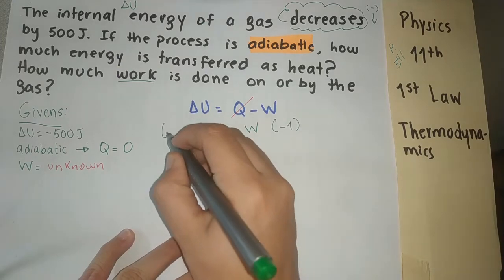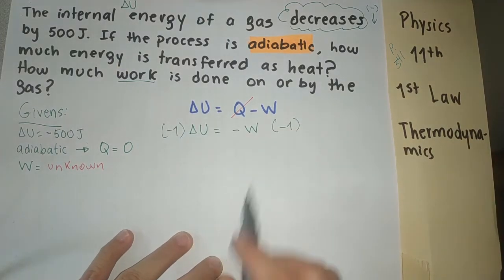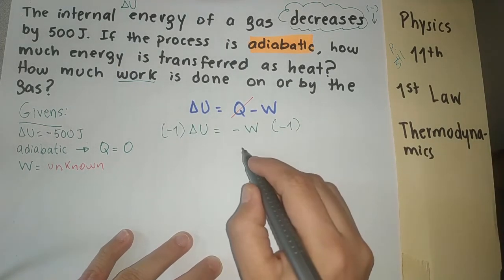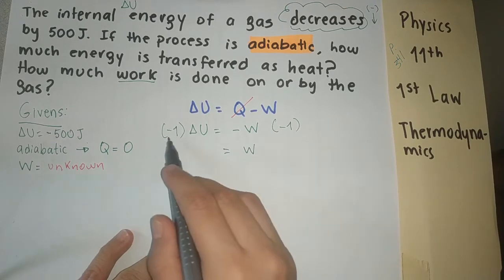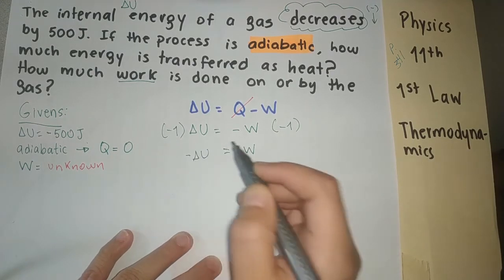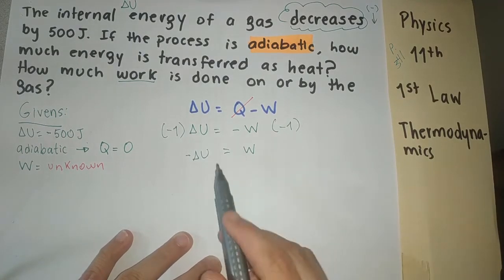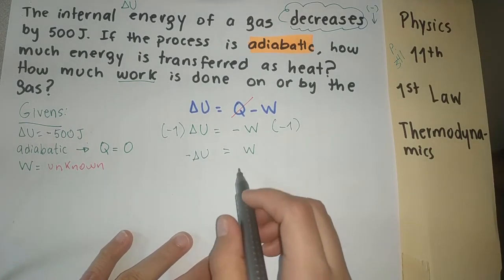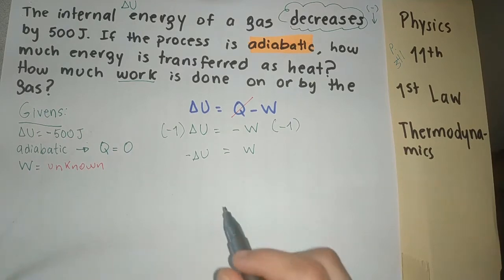Remember, this is like a mathematical equation. So you multiply times negative 1 on both sides of the equation. Now negative and negative will give you W positive. Negative 1 times delta U is going to be negative delta U.